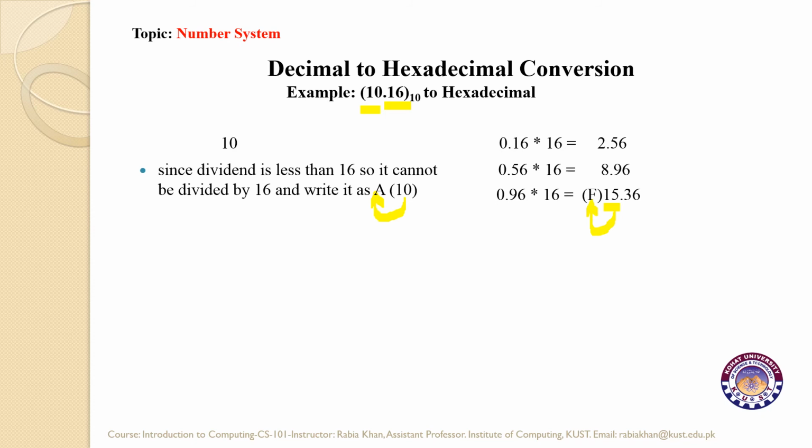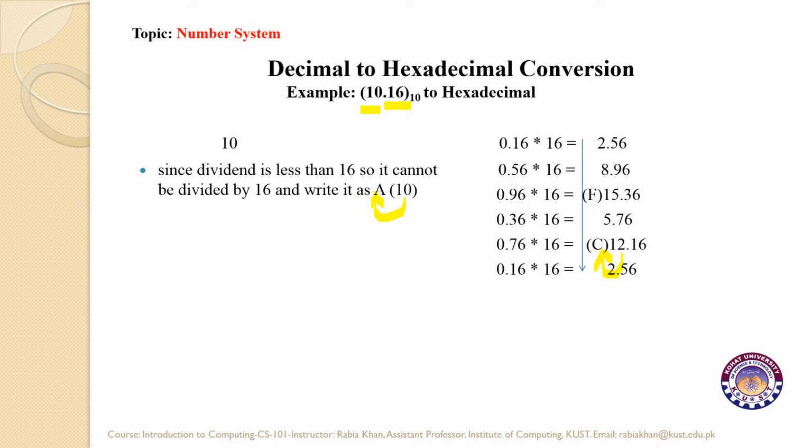So again the fractional part 0.36 is multiplied by 16 and the result is 5.76. 0.76 is again multiplied by 16 and the result is 12.16. 12 is not a valid digit, so we write its respective symbol, which is capital C. Again 0.16 is multiplied by 16 and the result is 2.56.